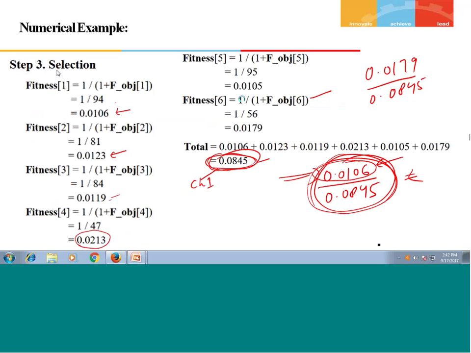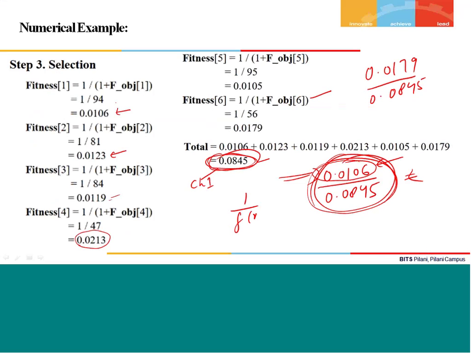If I want to evaluate my fitness like this, that's why I am doing 1 upon fx. If I assume that my fitness should be like the lesser the number is, the better the fitness would be, then I don't need to put it into this form. Then directly I will take fx.